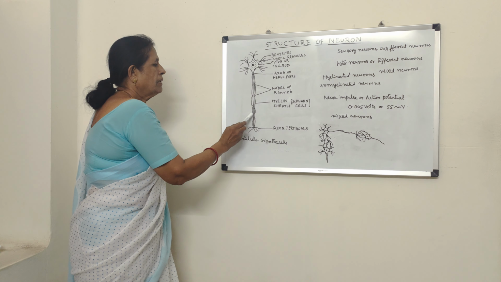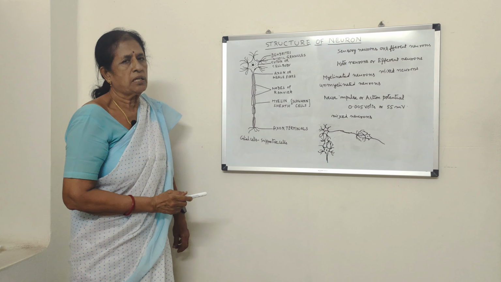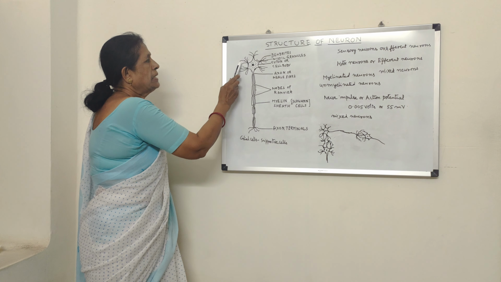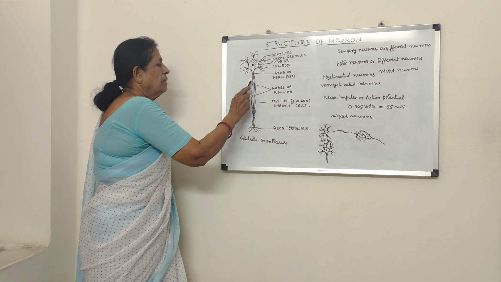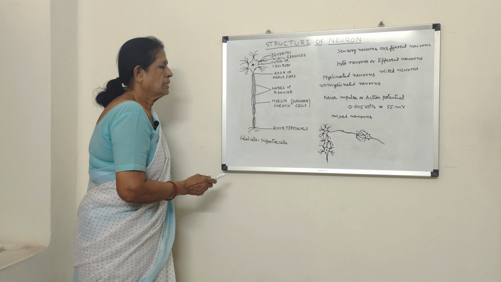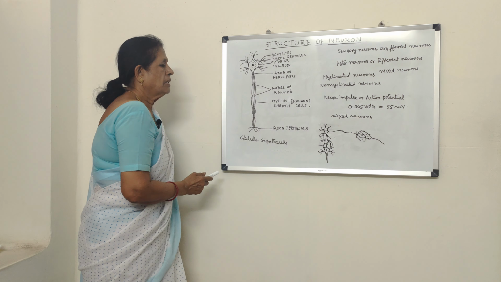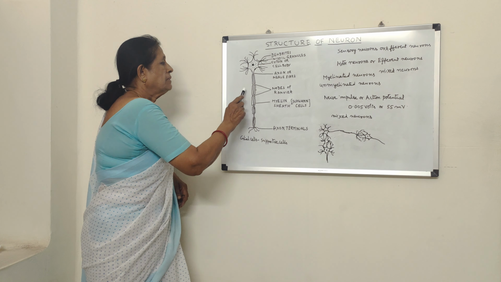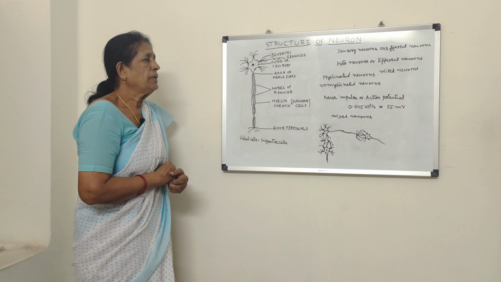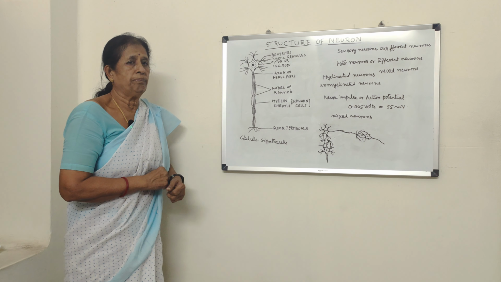This axon or nerve fiber is an elongated structure with no branches, whereas dendrites are very short and branched structures. Axon is an elongated, unbranched structure and ends with axon terminals. Sometimes this axon may extend up to 100 centimeters, depending upon the location.